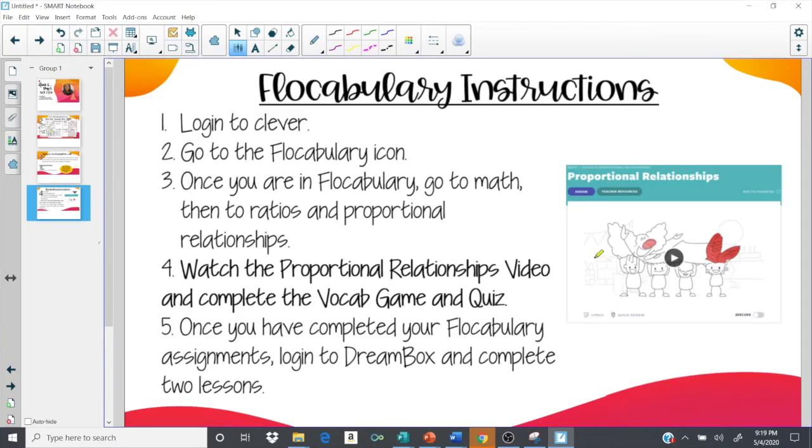So the instructions to getting to the correct video in vocabulary, you're going to log into Clever. Go to the vocabulary icon. Once you are in vocabulary, you're going to go to math, then to ratios and proportional relationships. And then you're going to watch the proportional relationships video and complete the vocab game and quiz.